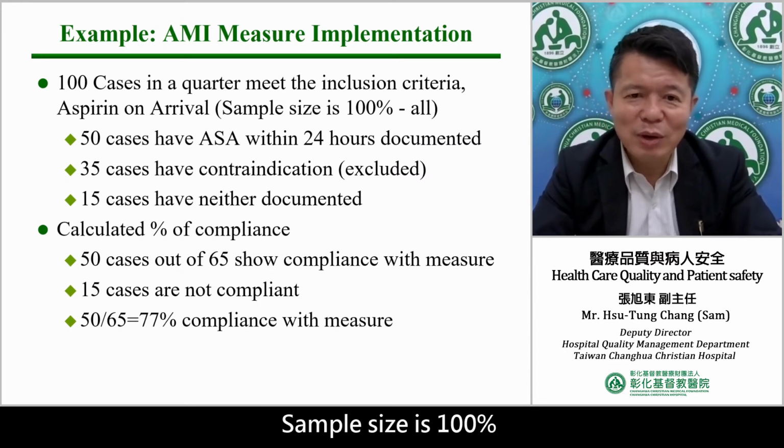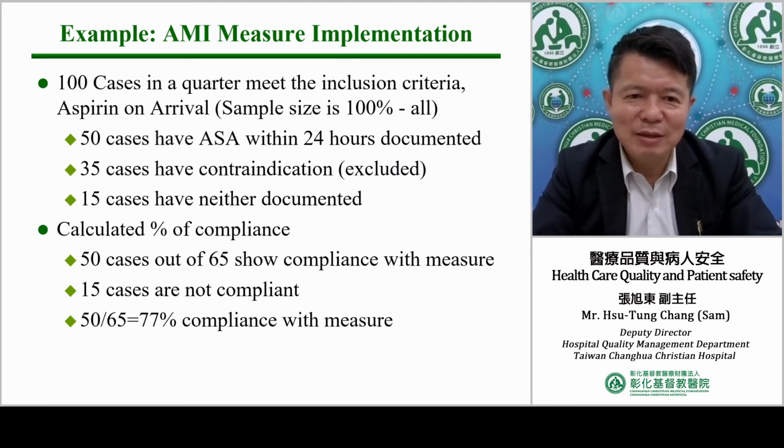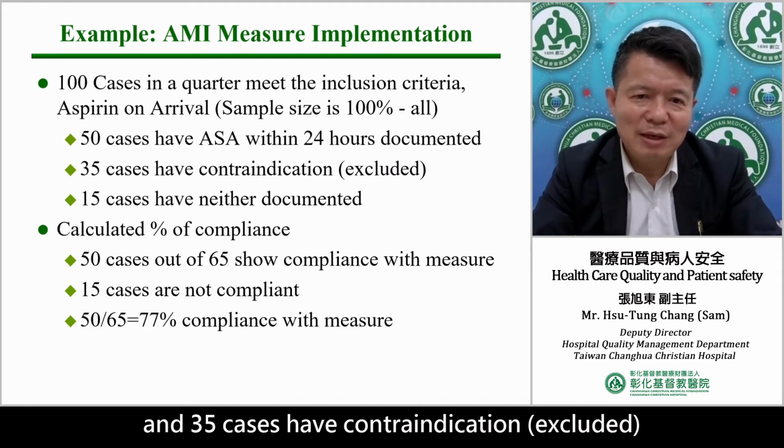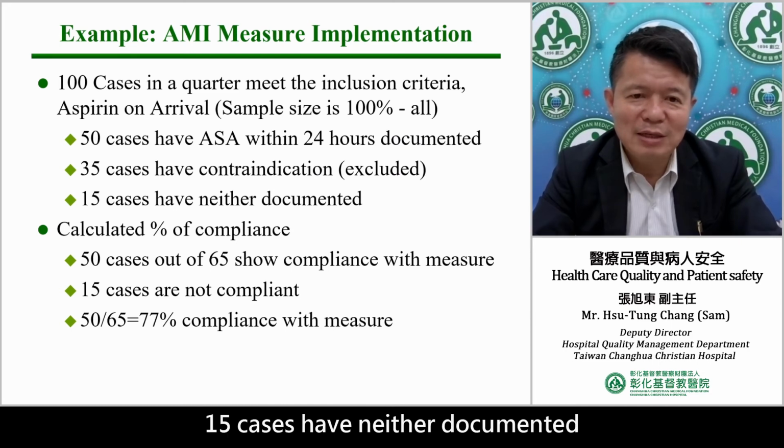Sample size is 100%. 50 cases have aspirin on arrival within 24 hours documented, and 35 cases have contraindications excluded. 15 cases have neither documented. Calculate percent of compliance.